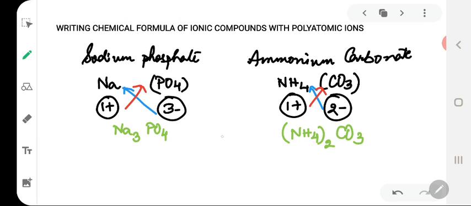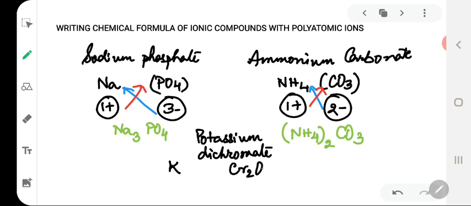Now let's write down the formula for one more compound. It is potassium dichromate. So potassium dichromate has got potassium and the dichromate ion is Cr2O7. So now writing down the charges, potassium is 1 plus, and what about dichromate? It is 2 minus, as you can see from the chart itself.